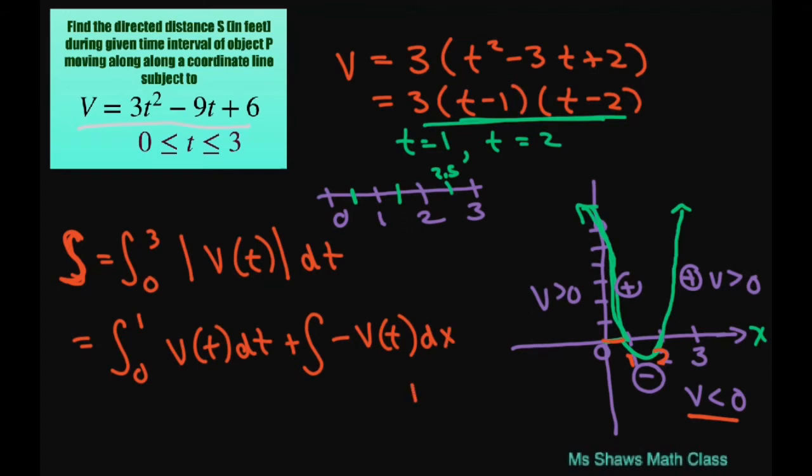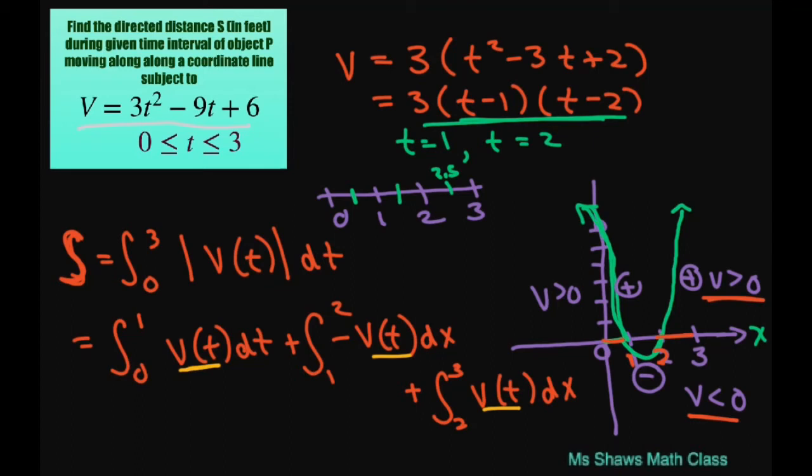Then we're going to have plus the integral of v of t from 2 to 3 dt, because from 2 to 3, it's positive. All right, so all we have to do is substitute in our v of t and integrate.